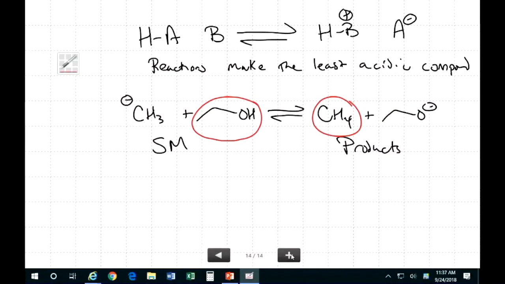So with alcohol on the starting material side, we have an alkane on the product side. So the reaction is going to go towards product, so reaction happens. Right, the reaction happens because this is more acidic and this is less acidic.